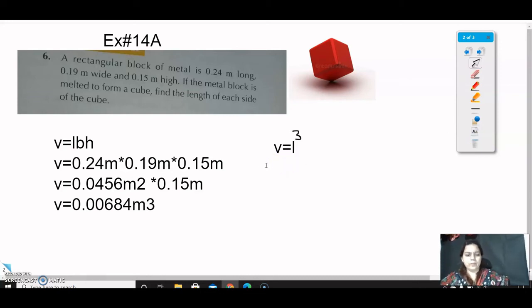We have the volume of the cuboid metal block. So volume 0.00684 is equal to L cube. As we need to find the length of each side of the cube, so there is a power of 3, and for a single length value we need to take the cube root on both sides.